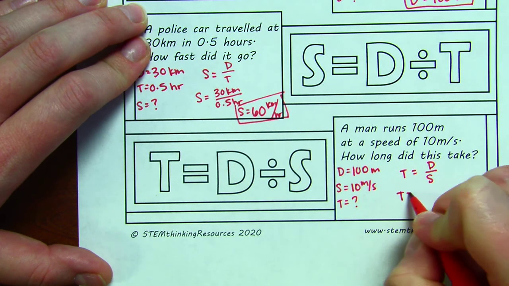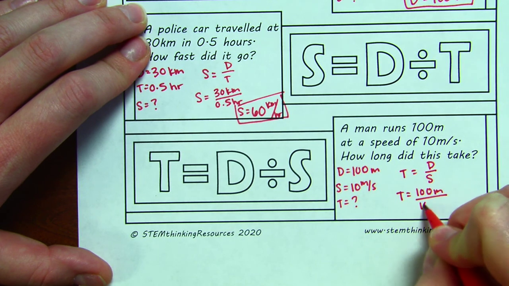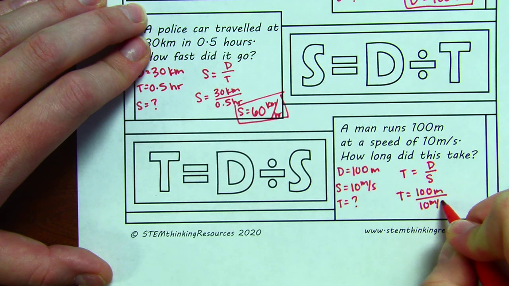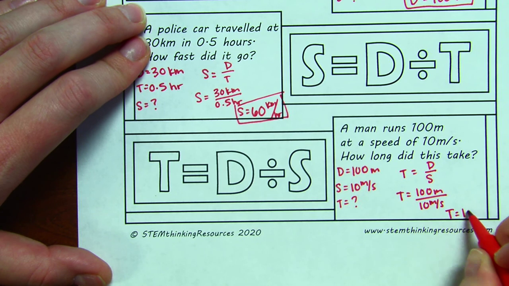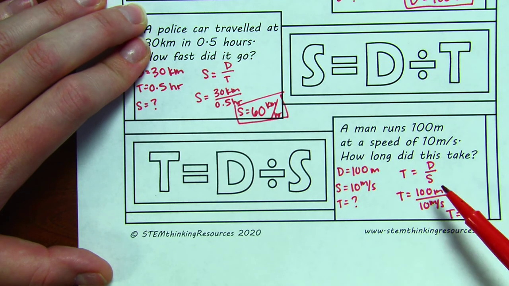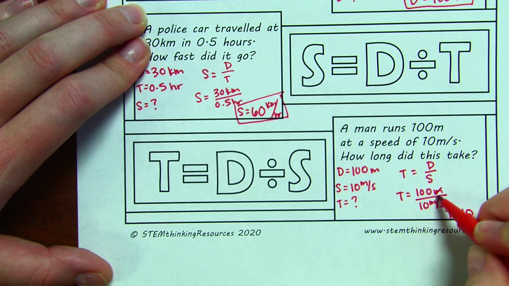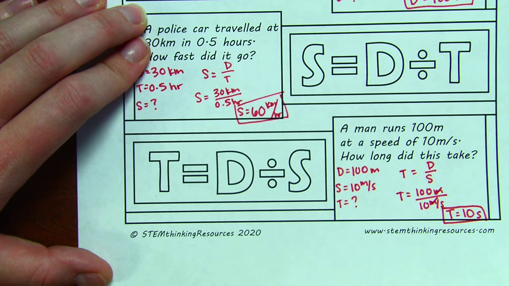At that point, you plug in your numbers, distance of 100 meters divided by a speed of 10 meters per second. And our time would equal 10, and then don't forget your units. Anytime you divide a unit by a unit, those meters would cancel out, and you're left with seconds. So time would equal 10 seconds.